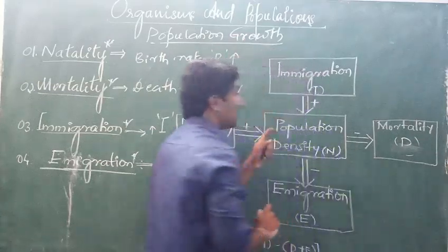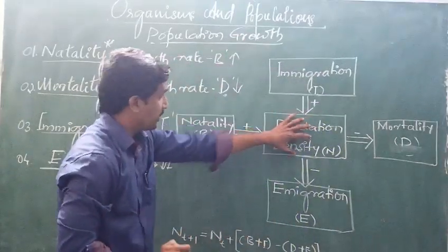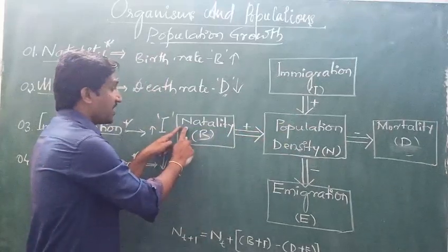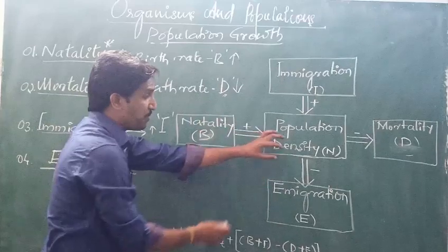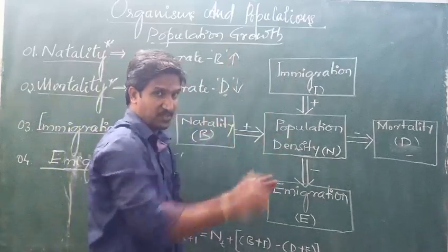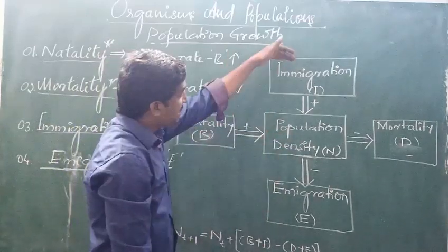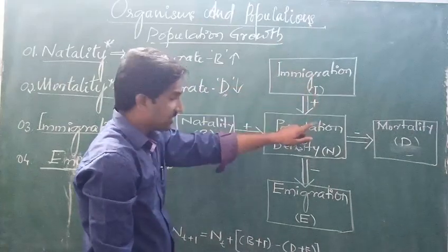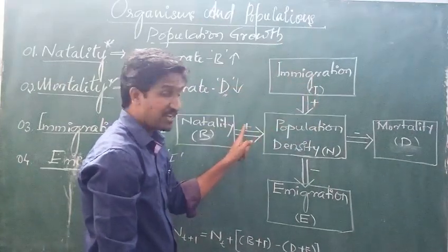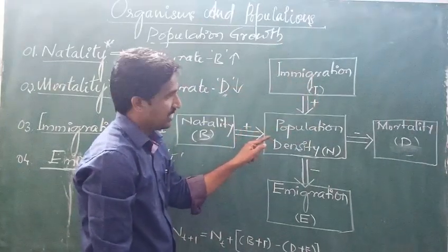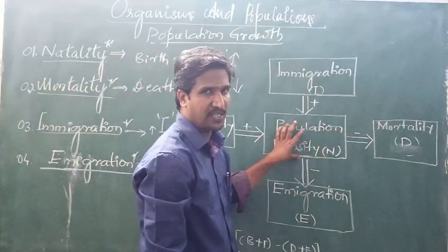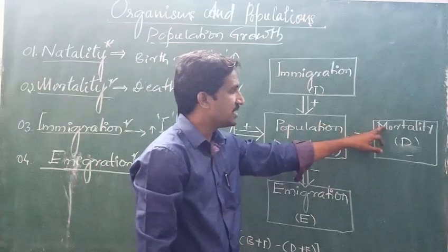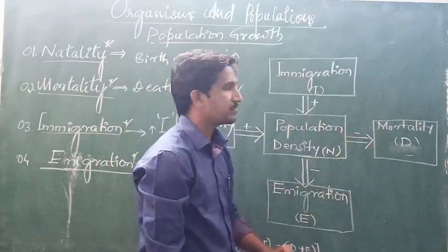That is going to be shown here. In a population, the birth rate, the number of organisms taking birth, is adding to the population, so the population increases. From elsewhere, immigration also increases it, a positive sign. And mortality, the death of organisms from the population, decreases the number, a negative sign.